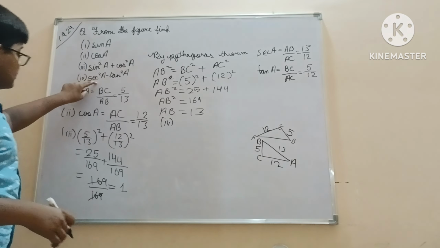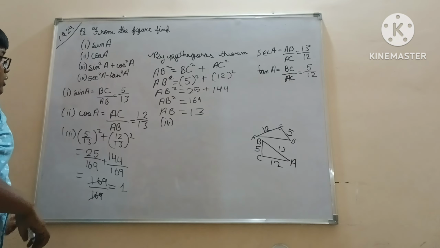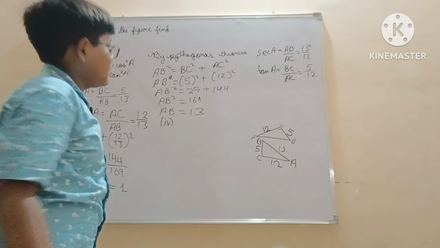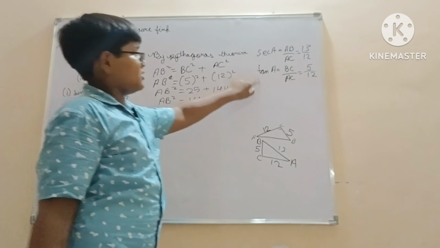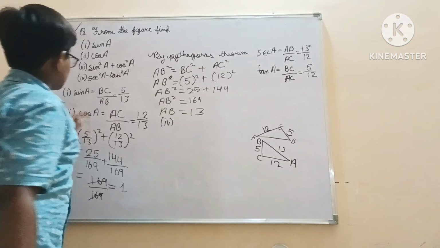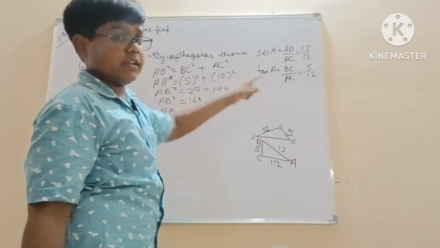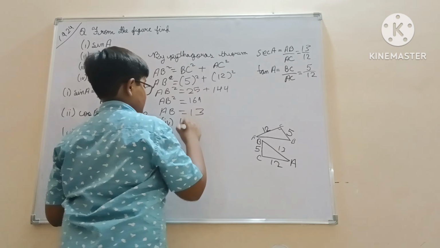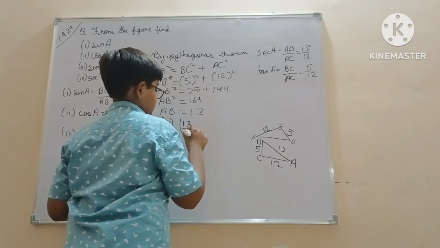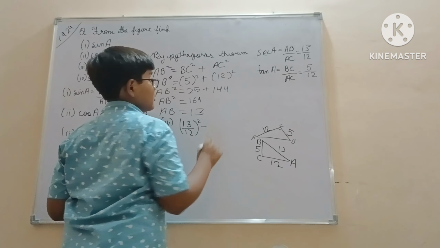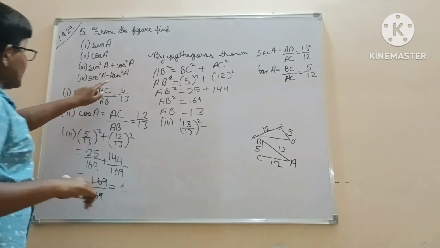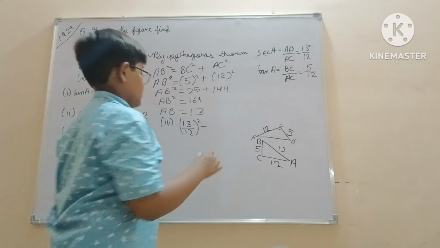Now we have to find this trigonometrical ratio using both these ratios. So sec squared A is 13 by 12 whole squared minus tan squared A, which is 5 by 12 whole squared.